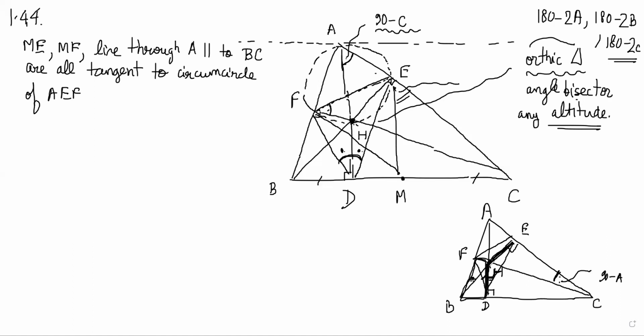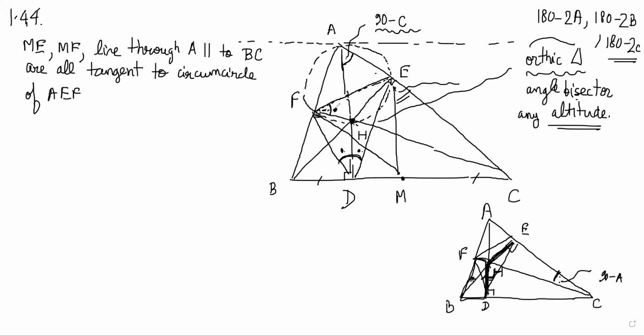And the altitude is the angle bisector, basically, right? By that theory only, we can say that this altitude will be the angle bisector of the triangle here. And since the altitude is the angle bisector, this angle must be 90 minus C, right?